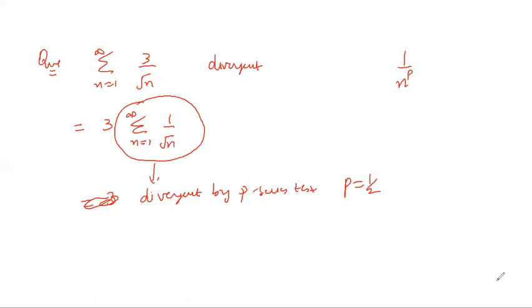This is one example. Another example, let's take the sum from 2 to infinity of root n by log n. Right? So here you have to now develop the thinking.